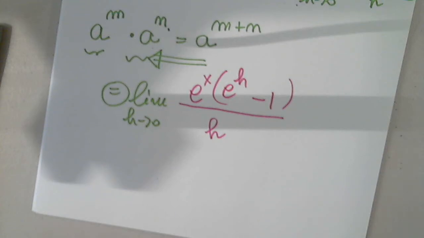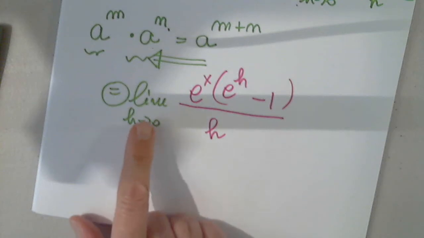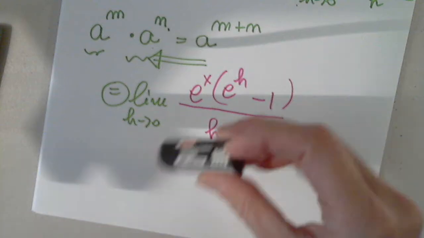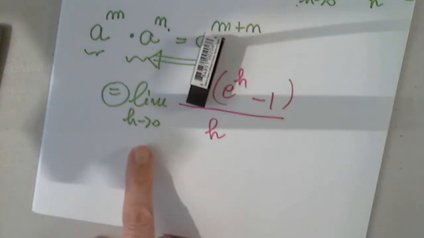So you notice now one thing, I hope, and this is very important to understand, that we only talk about a limit when h approaches 0. This piece, this one, does not depend on h. It's a constant.